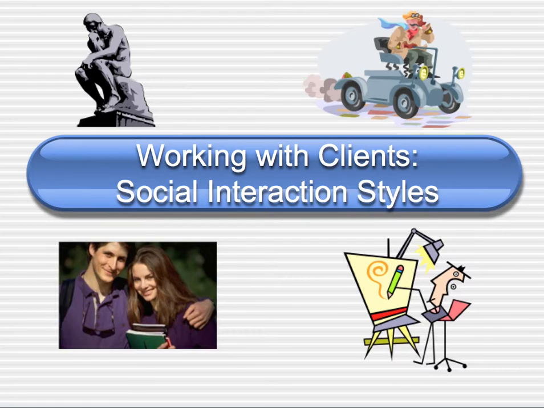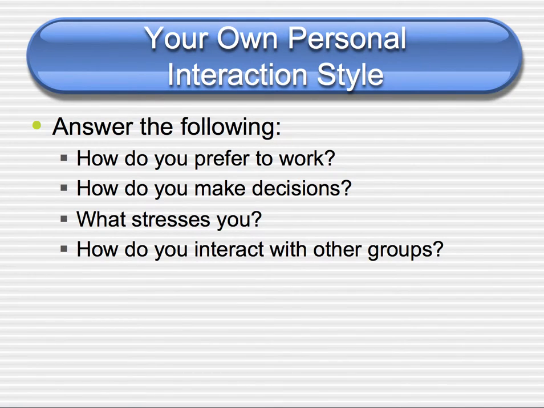So then another useful construct for working with clients is to look at social interaction styles, and there are four interaction styles. You could say that you have one or the other, but really you have elements of all of them. You figure out your interaction style by answering these four questions. How do you prefer to work?